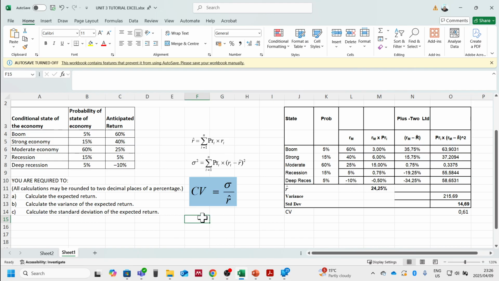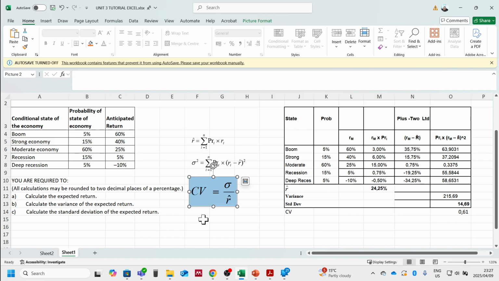But if you're acquiring 100% of another company, it is also important that you perform the coefficient of variation, because now that company is going to become one thing with your company. Therefore, you also need to calculate the coefficient of variation to see the likelihood of the new company's risk in terms of expected return, in terms of variation, how much they will vary by once you acquire this company.